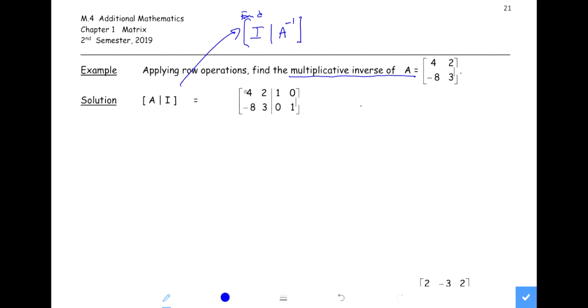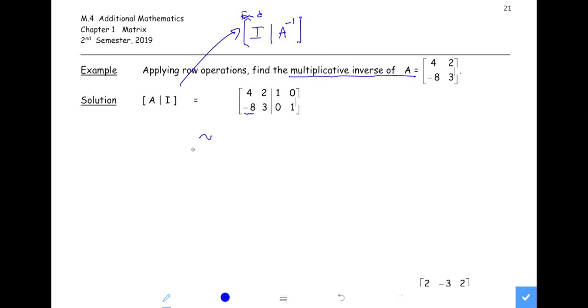So this 4 will be changed to 1, and this -8 will be changed to 0. I think the easiest way for me is to start with changing this 1 to 0. I think we can do it by something like this. Whoop. And then I'm gonna do R2.